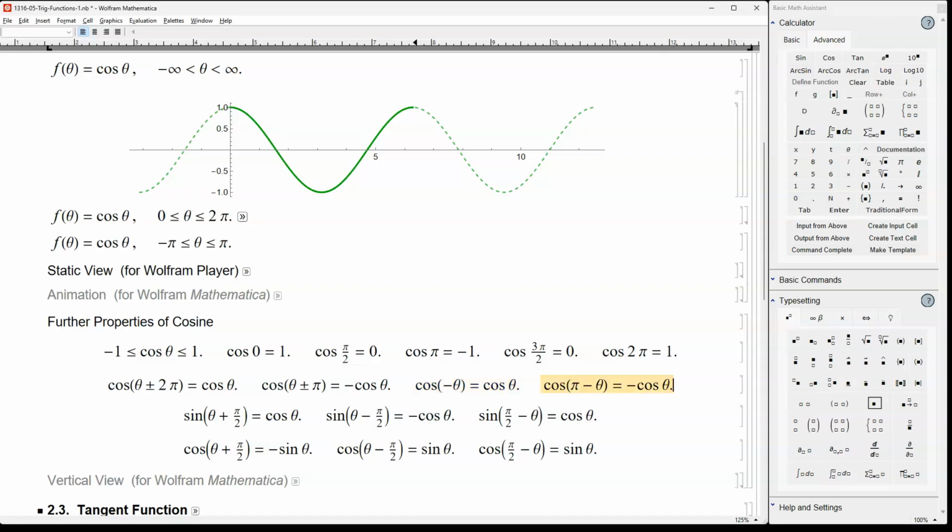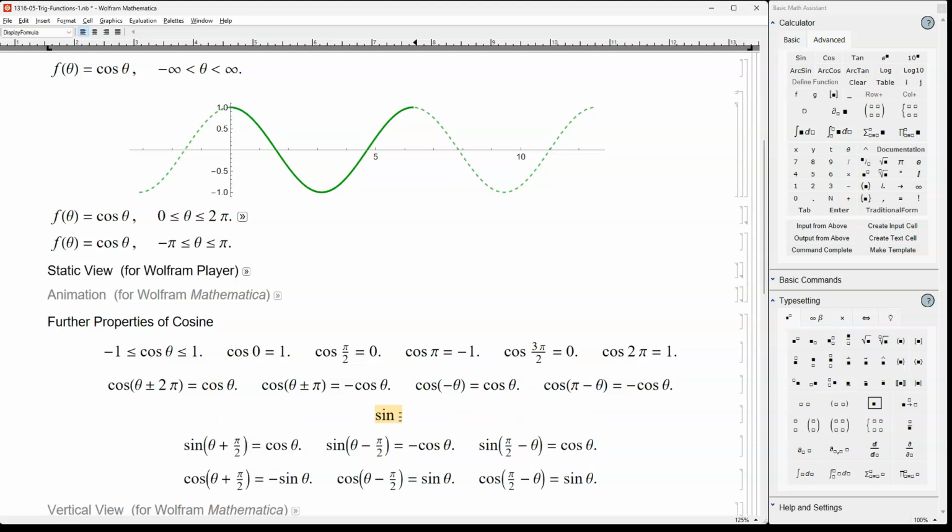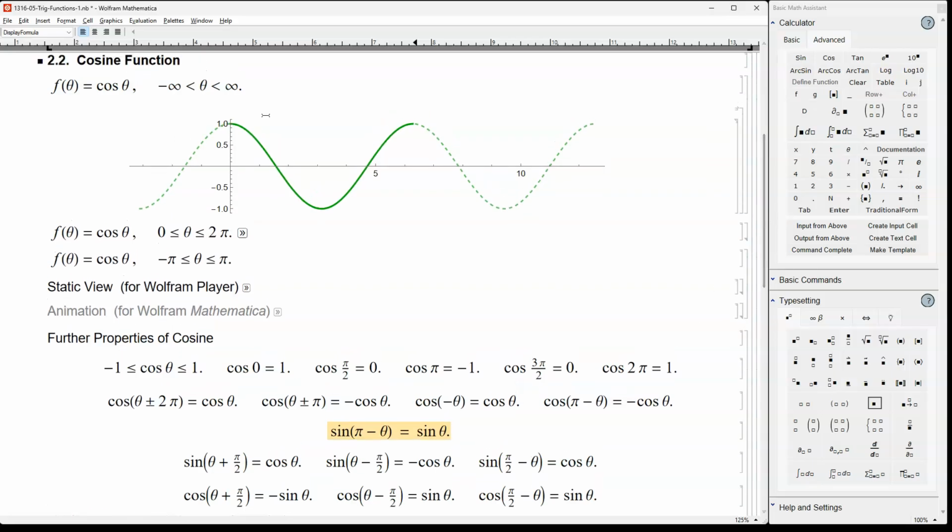And then this one here, well, sine of pi minus theta was just sine of theta. Remember this? But for cosine, it is negative. So we don't have the same symmetry with respect to x equals pi over 2, the vertical line.